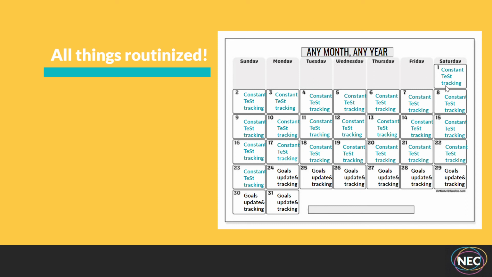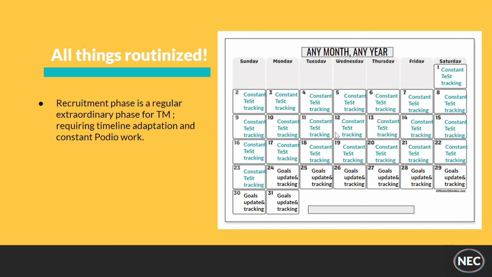For example, constant team standards tracking should be happening all through the month. But goal achievement tracking should also be here. You can definitely do it on a daily basis, or maybe weekly at least.